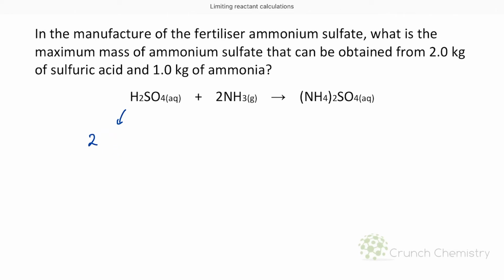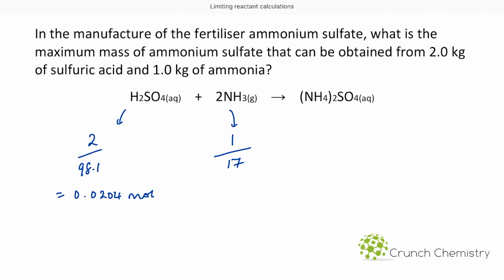So how many moles of this? Well, if we take it at 2 divided by the molar mass of sulfuric acid, which is 98.1, comes out at 0.0204 moles. How much ammonia do I have? Well, I know that I've got 1 kilogram. Divide it by the molar mass of ammonia, which is 17.